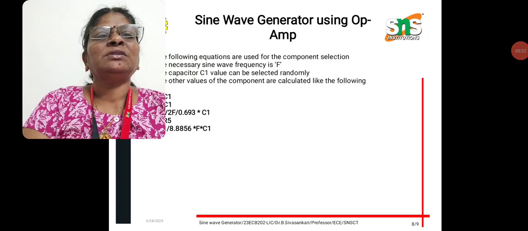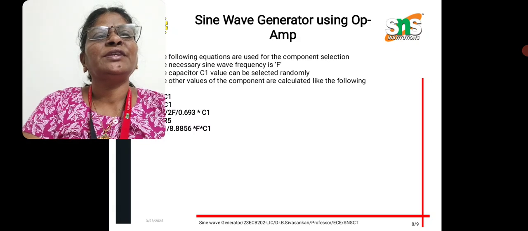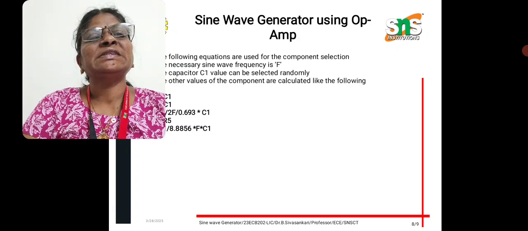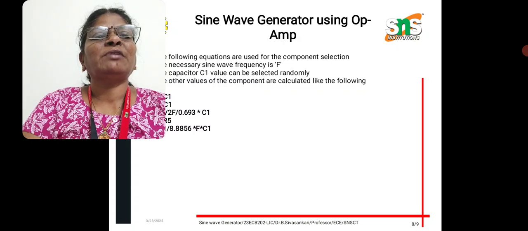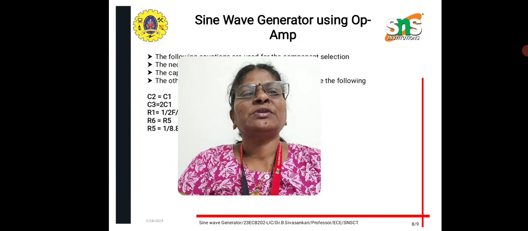So these are all the features of the sine wave generator, and you can see the following equations which are used for component selection, where the sine wave frequency is f, and the capacitor C1 value can be selected randomly and the other components calculated using the following equations which you can see here.